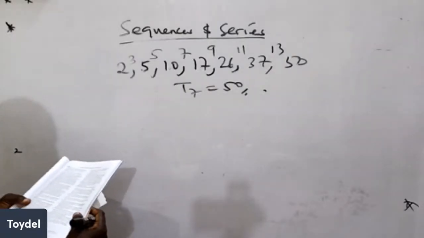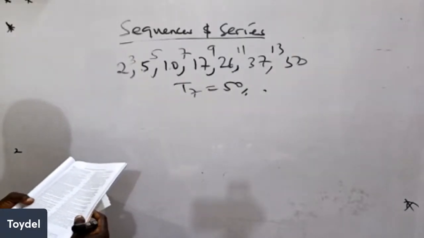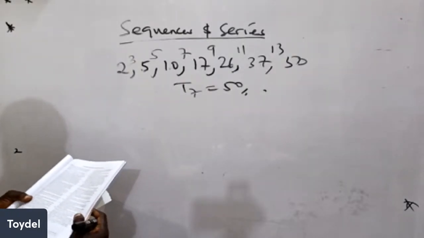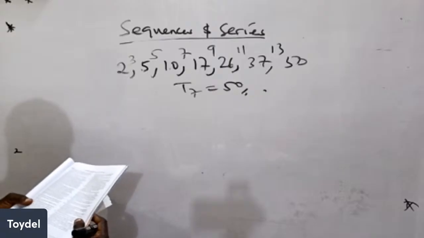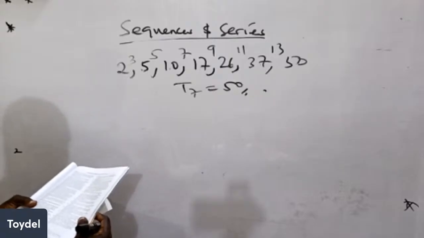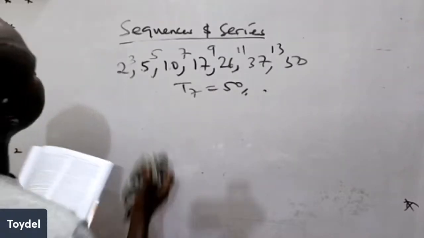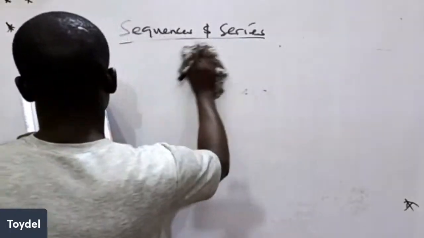It says we should find the sum of an arithmetic progression. The first term of an arithmetic progression is 3, and the common difference is 4.